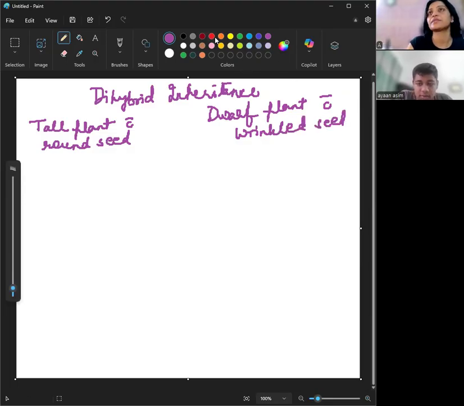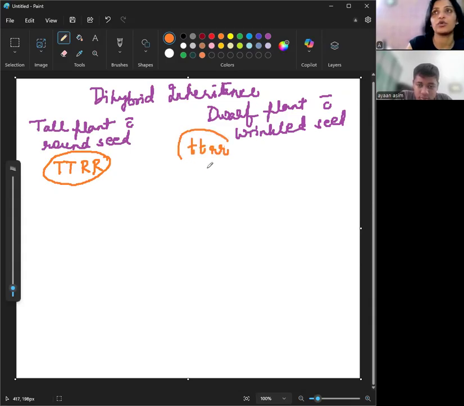So these are my parents. Genetically, how am I going to represent that? Tall means this, round means this. So this is the organism. Same with this one, small t, small r. Is that clear?